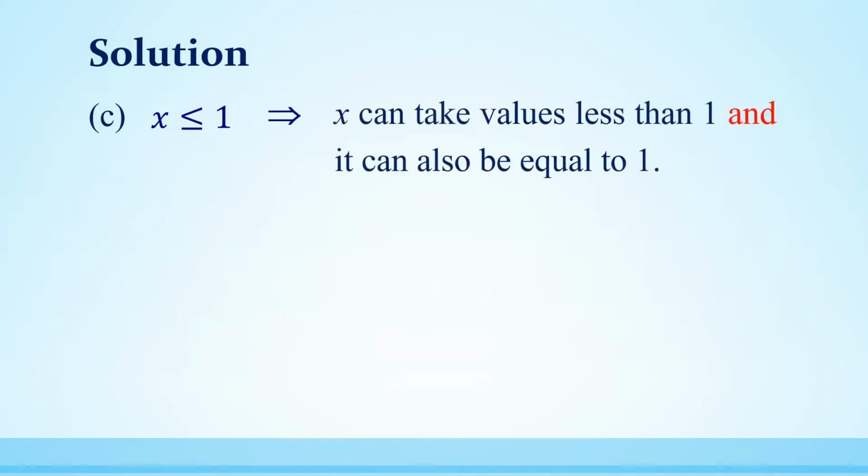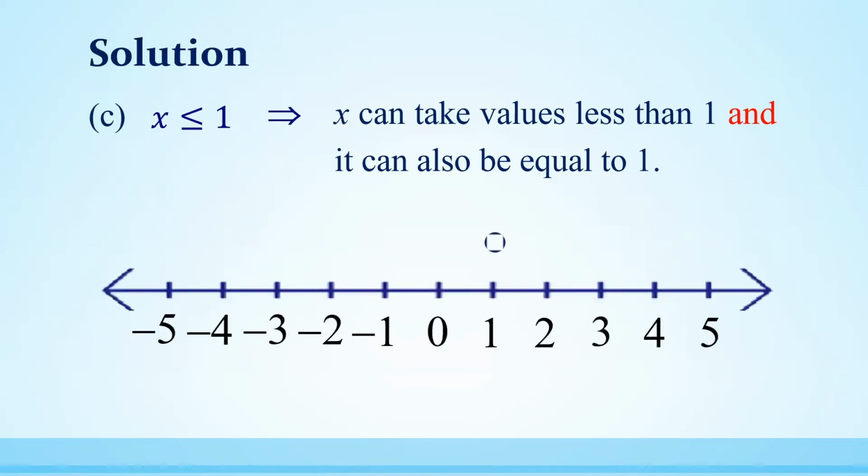Part C, x less than or equal to 1. So here, x can take values less than 1, and it can also be equal to 1. So friends, do you still remember how we can represent it on a number line? Yes.